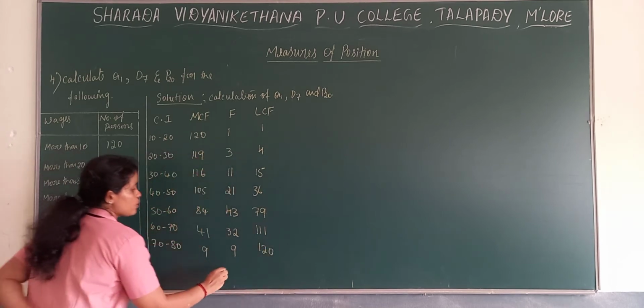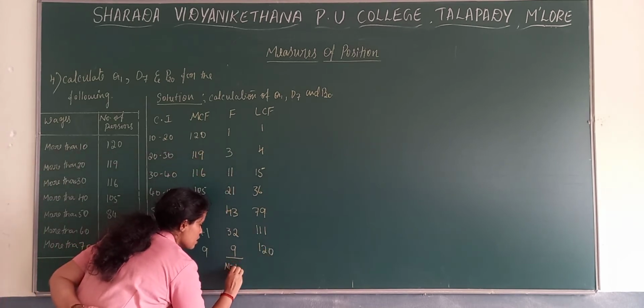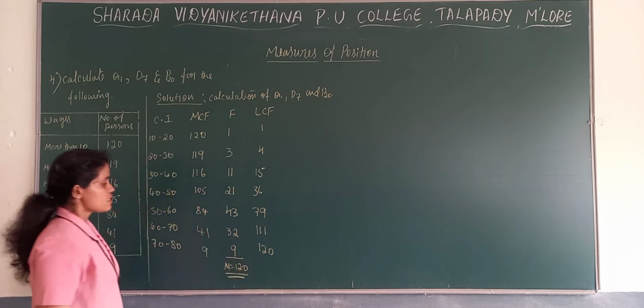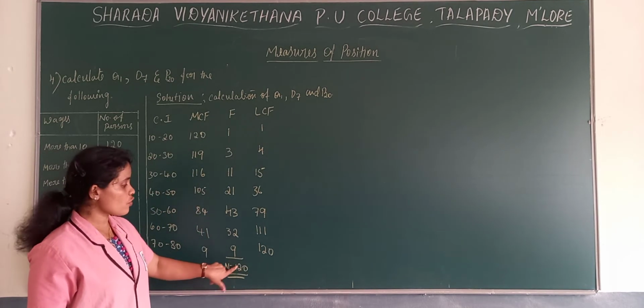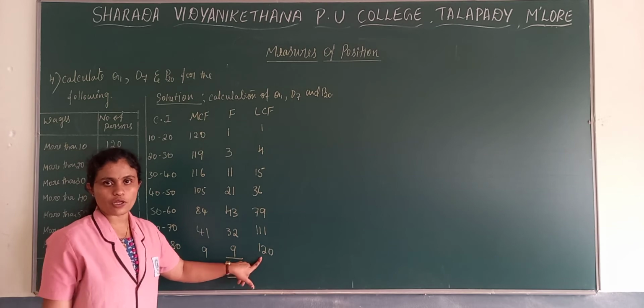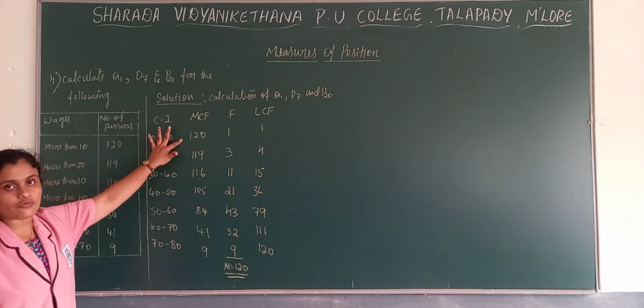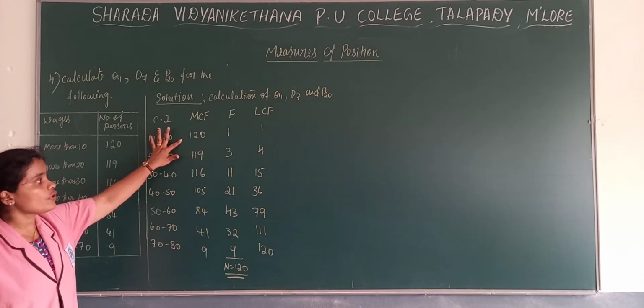That is nothing but the total number of frequencies, 120. In case of LCF, the last value is the total number of frequencies, and in case of MCF, the first value will be the total number of frequencies.